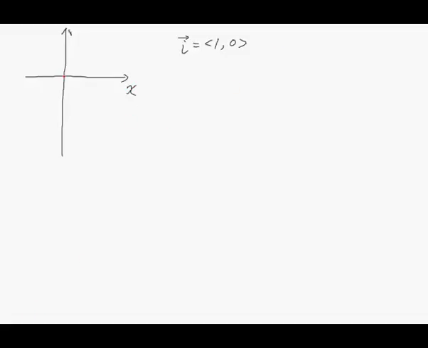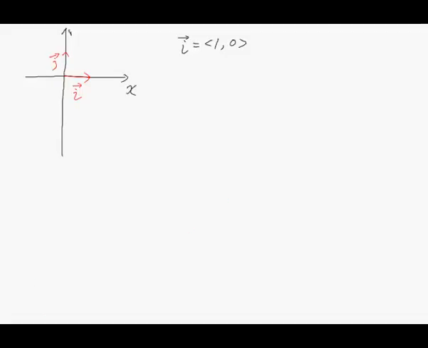So this here is i. Another one is the vector on the y-axis with unit length. It's called the vector j.